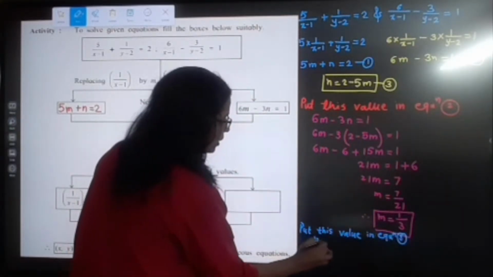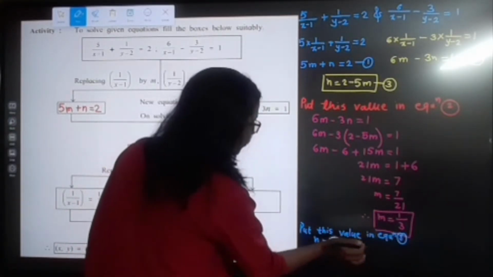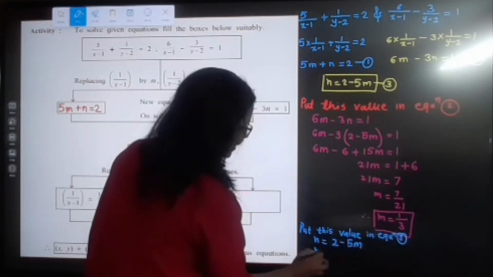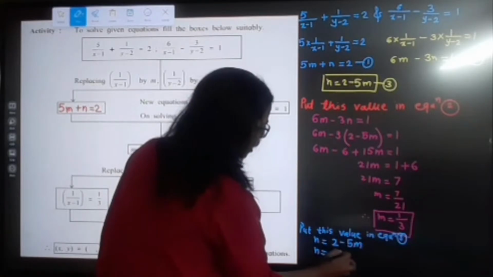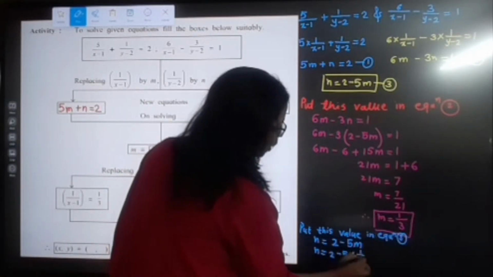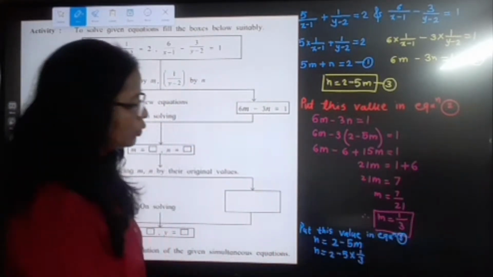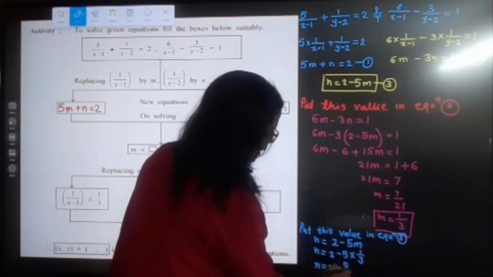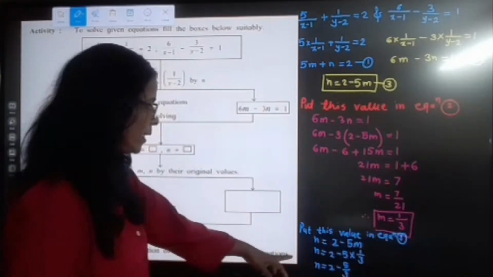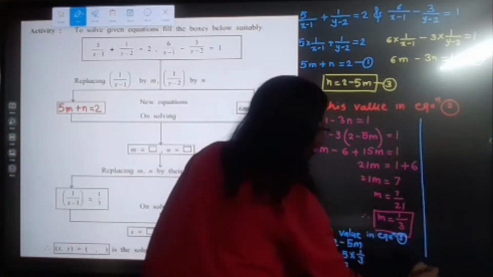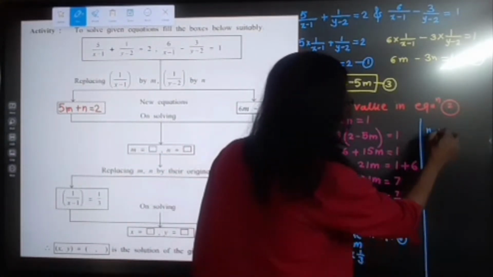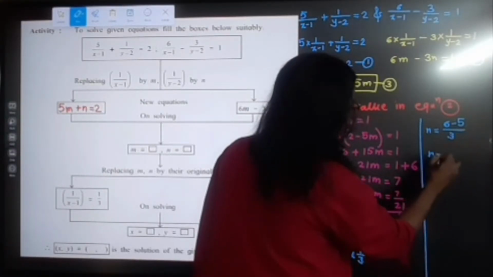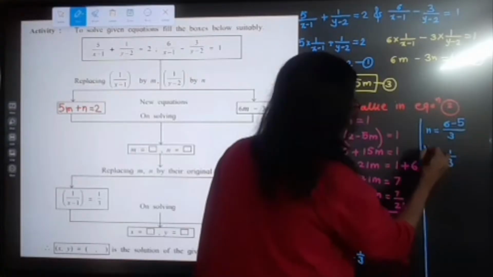So n is equal to 2 minus 5m. So n is equal to 2 minus 5 into 1 upon 3. So students, n is equal to 2 minus 5 upon 3. That means n is equal to 6 minus 5 upon 3, so n is equal to 1 upon 3.